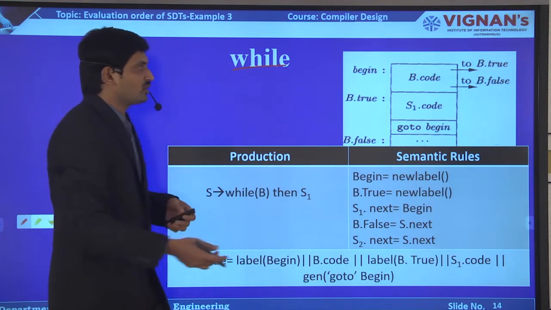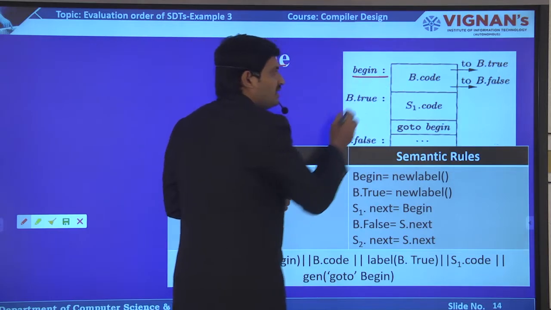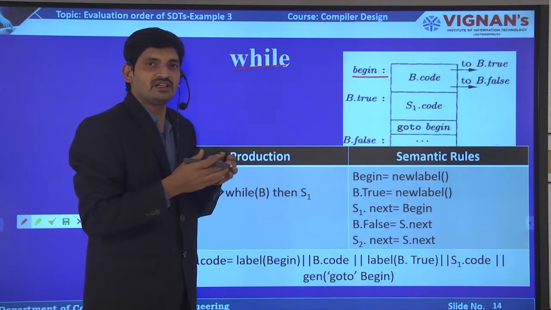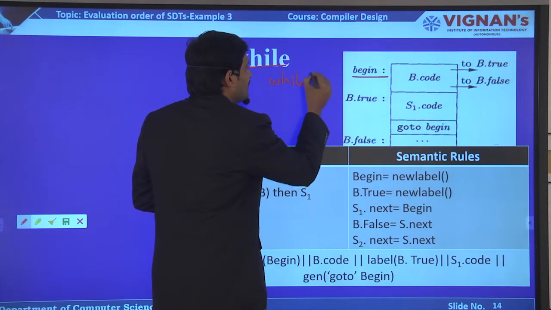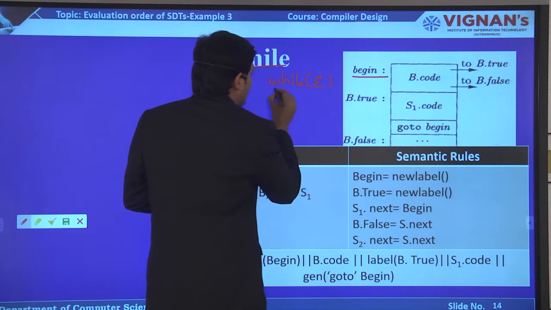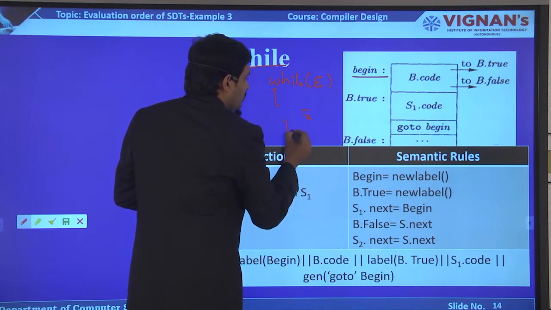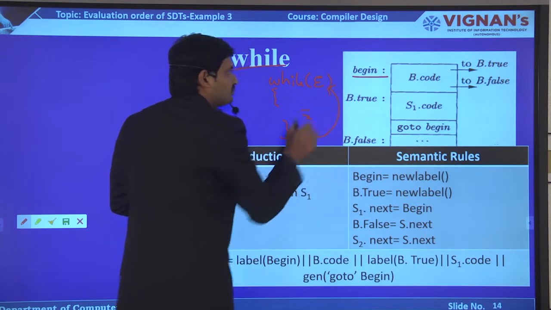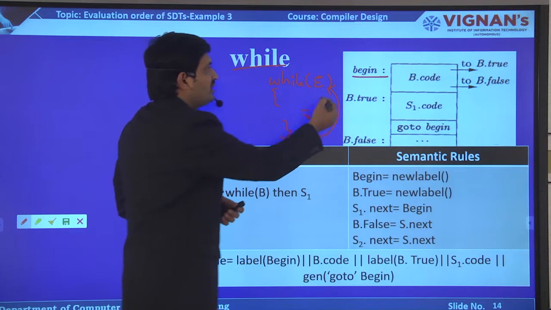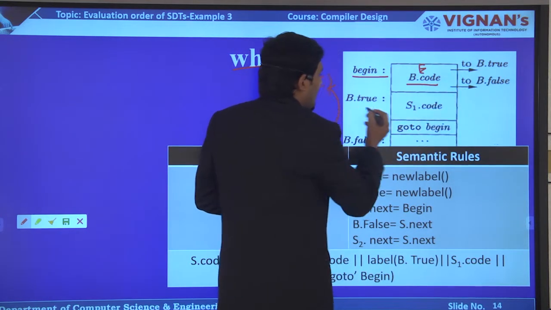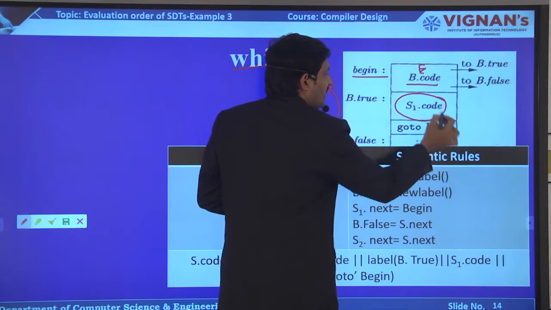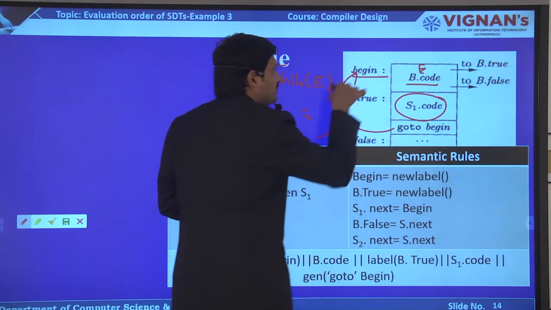Okay. So come to here. This is the begin statement. That means initially the while block looks like this. While some expression, depending upon the condition, we may repeat the loop. So here B.code is nothing but my expression. If it is true, I have to go for the S1 code and again I have to go to begin.